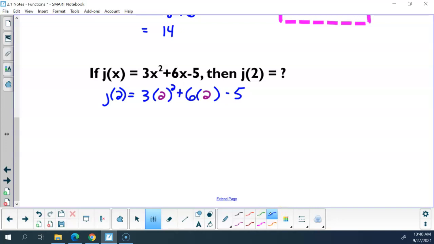Yep. 2 squared is 4. Times 3 is 12. 6 times 2 is 12. 12 plus 12 is 24. Minus 5 is 19. So j of 2 is 19.